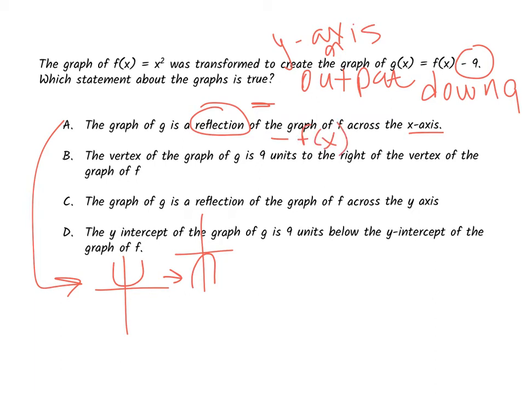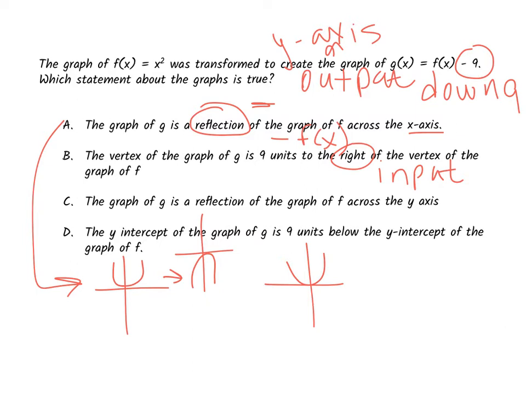Okay, the vertex, letter B, the vertex of the graph of g is 9 units to the right. That's the x-axis, so that's going to be input. So that graph would look like, here's my parent function. I'll do it in blue so I save some space.